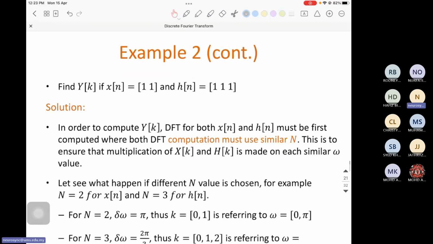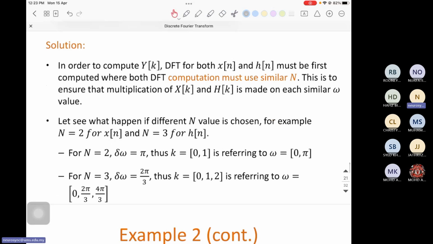Okay, because we are multiplying x of k and h of k. So these should have the same n. Okay, then only can we multiply each value, that is, at each omega we can multiply this. Okay, now if we choose different n values, what will happen?